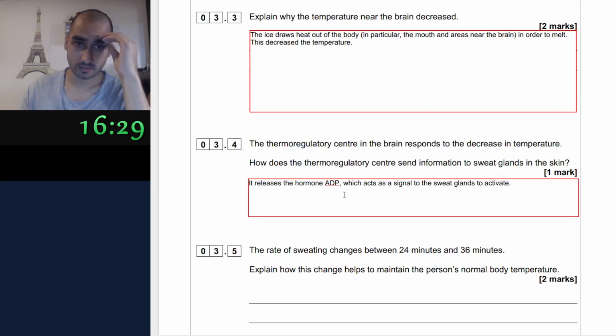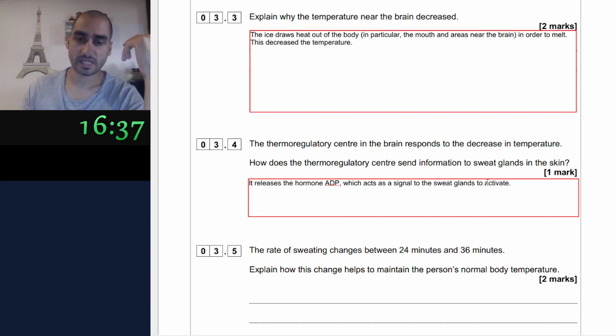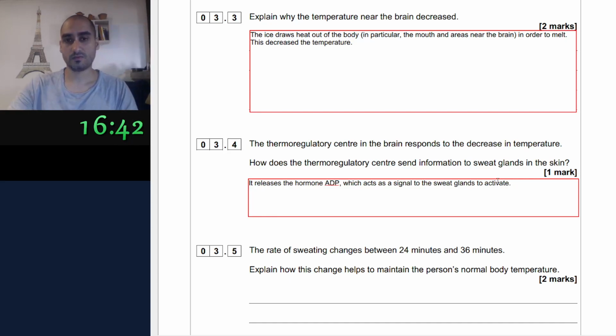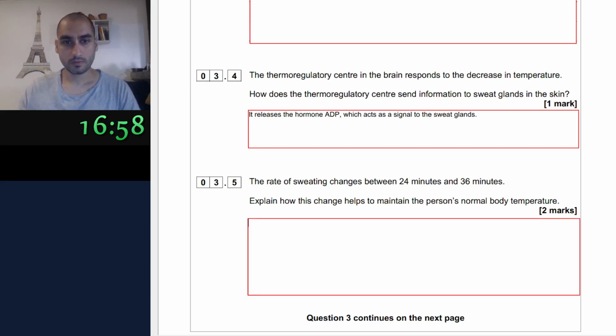So wouldn't it reduce the amount of ADP it's releasing? Let's just be a bit more vague here. Okay, so the sweating goes down. When the body is colder, sweating decreases.